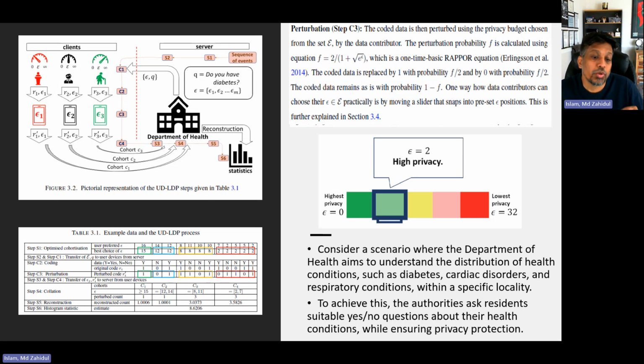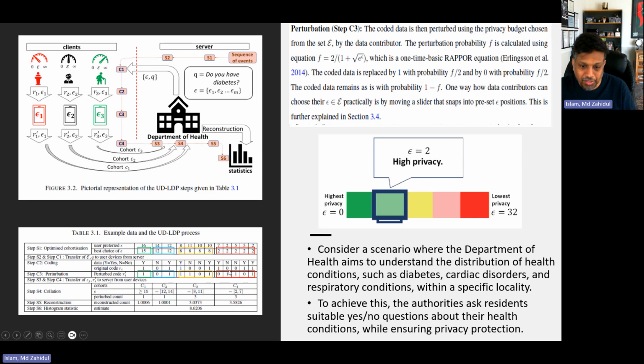Now they need to estimate what the original count values were. They can see that they are getting 3, but the epsilon value used by this group was 2. They estimate that the original value was possibly 3.5, meaning that out of these 5 people, about 3.5 said yes, they are diabetic.